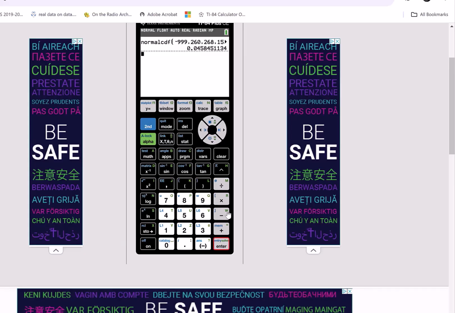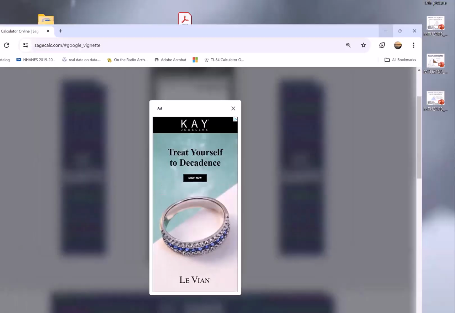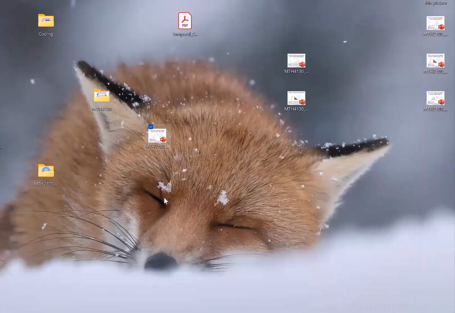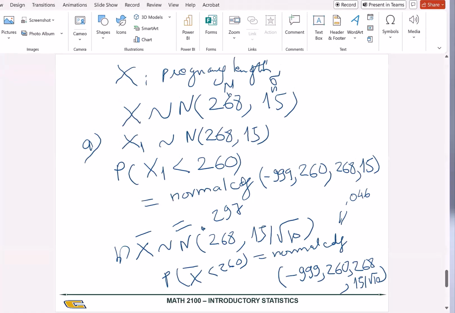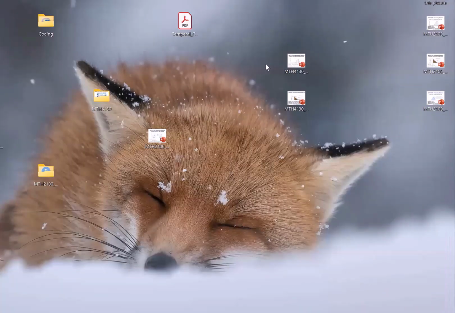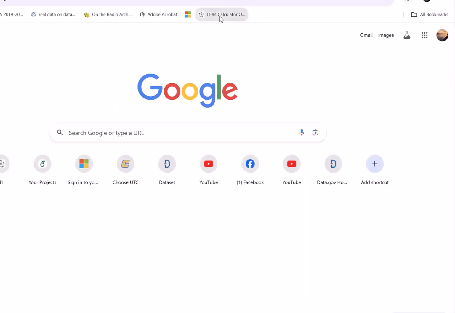So we get 0.046. You can also just keep the lower bound the calculator gave us originally, and it won't affect the result. Let me show you quickly.